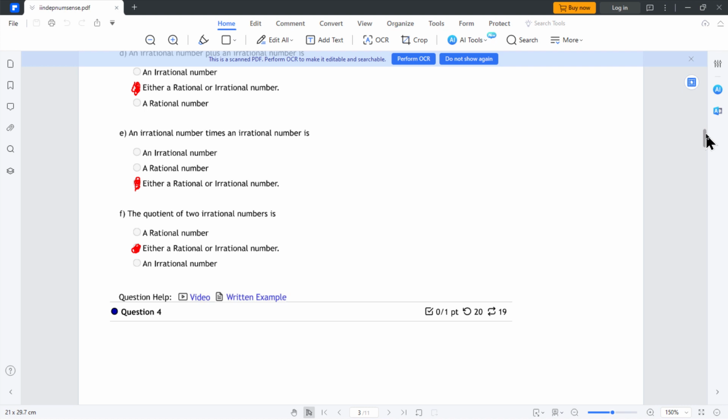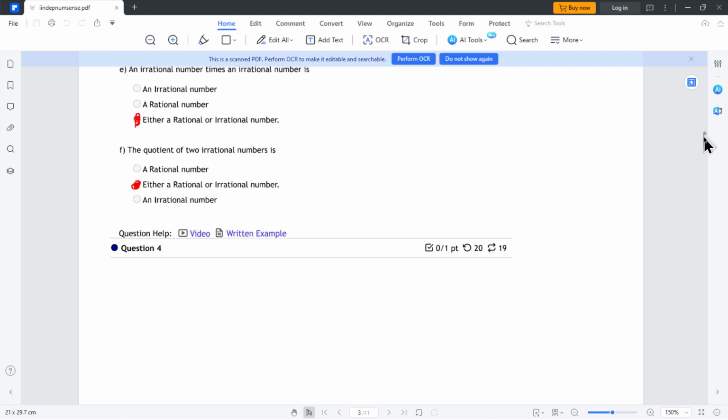Part F, the quotient of two irrational numbers. Could be either rational or irrational. He doesn't say the same irrational numbers. He says the quotient of two irrational numbers. They may be different. And that was question 3.